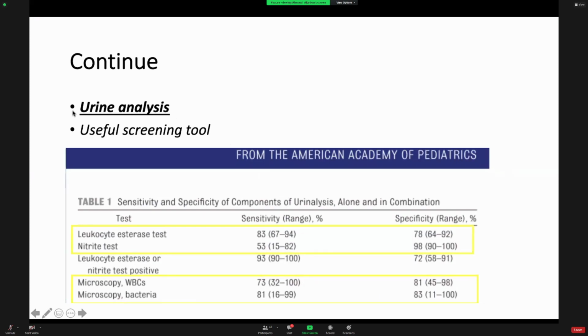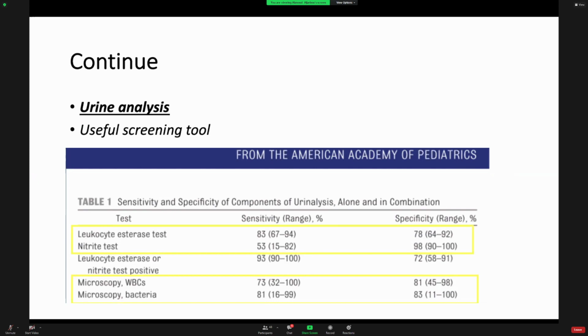So what is the importance of urine analysis? We have two tests, the leukocyte esterase test and the nitrite test. The leukocyte esterase test is a surrogate for the presence of pyuria, the presence of white blood cells. It's an enzyme in the white blood cells, and when they break down, it gives a positive leukocyte esterase test.